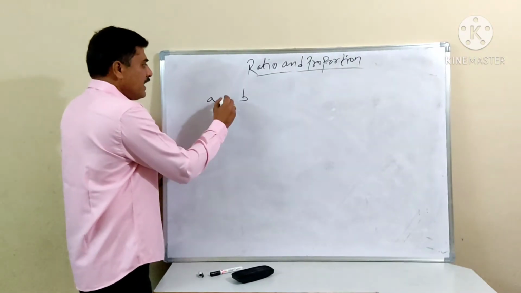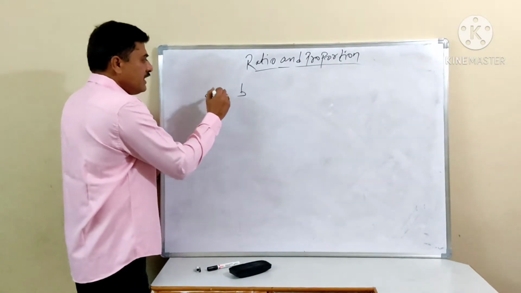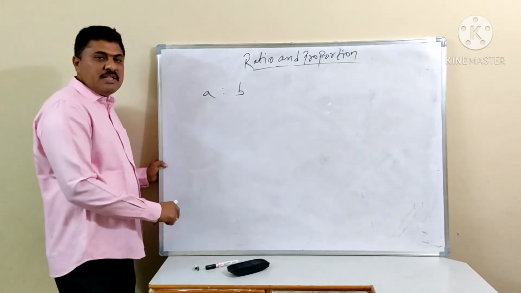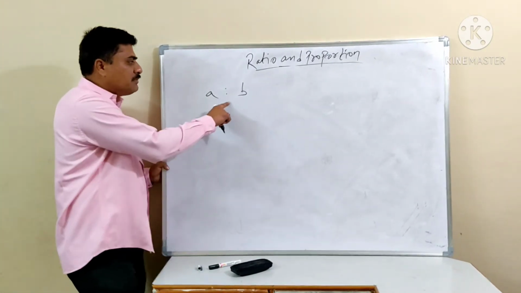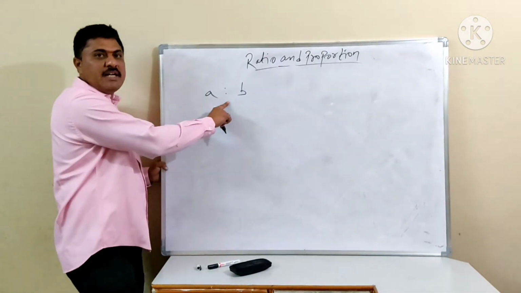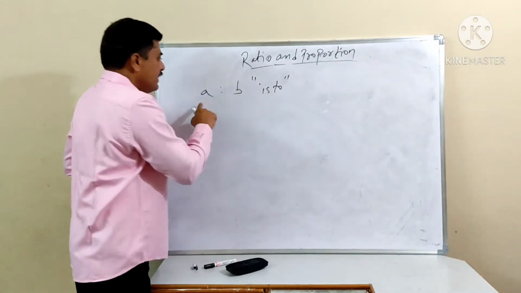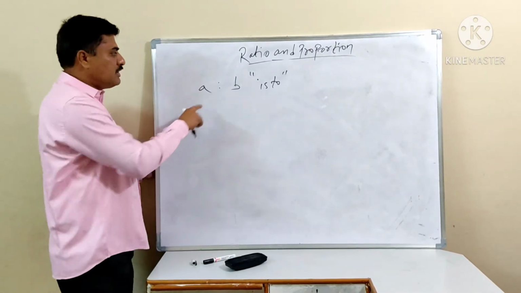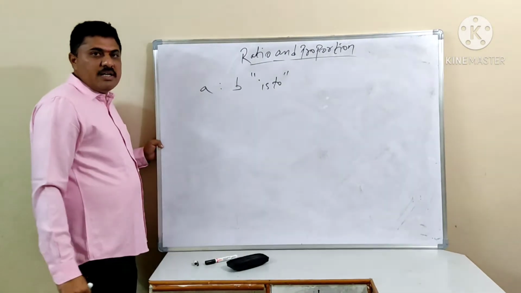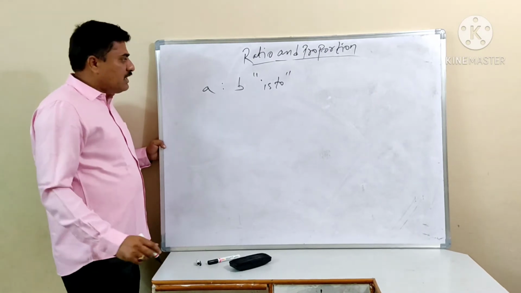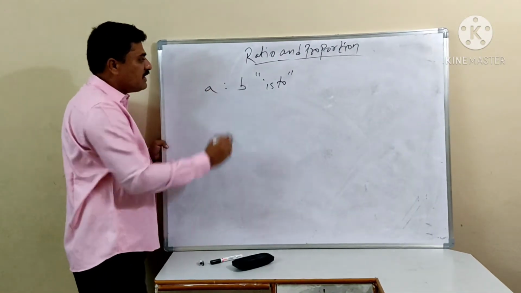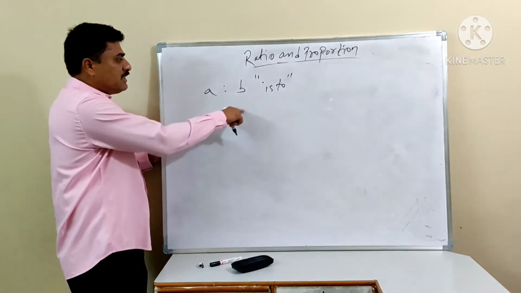So ratio is denoted as A is to B. In English we say it as colon, C-O-L-O-N colon. But when it comes in mathematics it is read as "is to". A is to B. So these two quantities should be in the same units. Here what are these quantities?